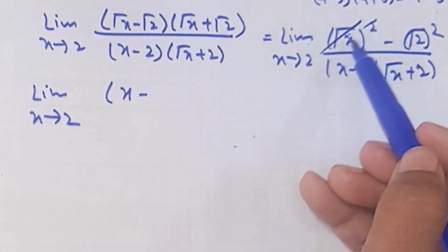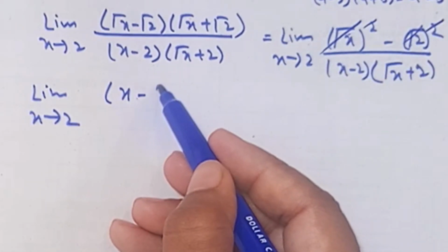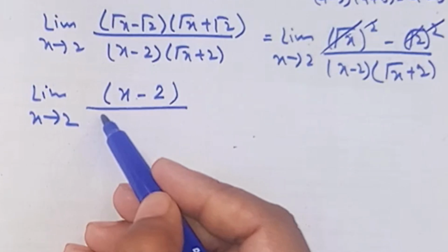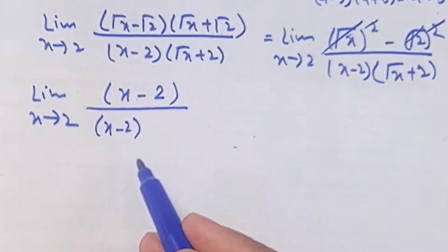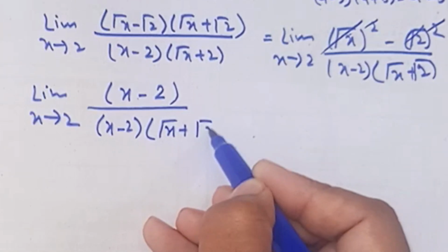Now the square and square root will cancel, we just get x minus 2, over, we copy the denominator, (x minus 2) times (square root x plus square root 2).